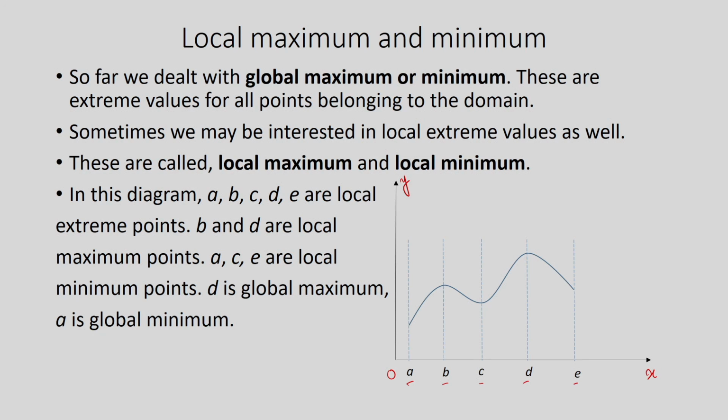Out of these 5, B and D are local maximum points. So these are the maximum points, and A, C, E are local minimum points. So these are the minimum points.